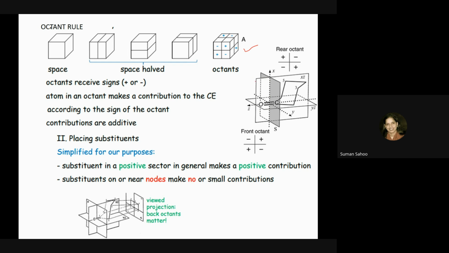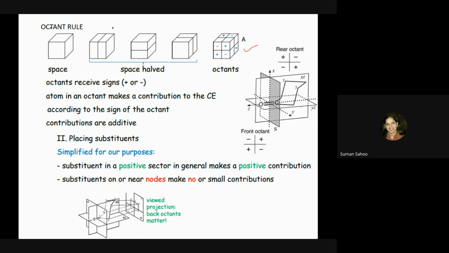These octants are marked minus, plus, plus, minus. This is your front octant, and this is your back or rear octant. As you can see from this figure, the carbonyl group and this carbon come in your front octant, and these ones come in your rear octant. These octants have signs, plus or minus.